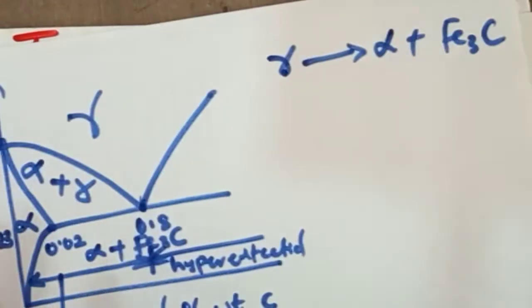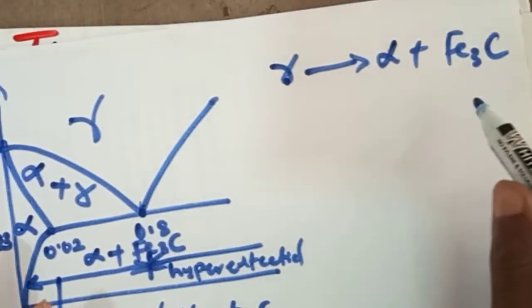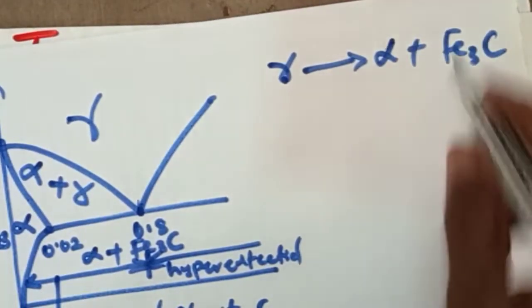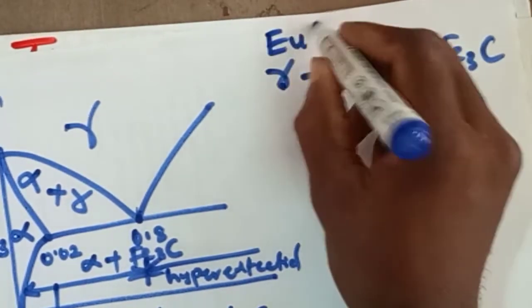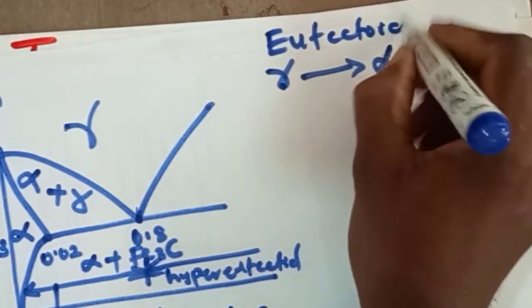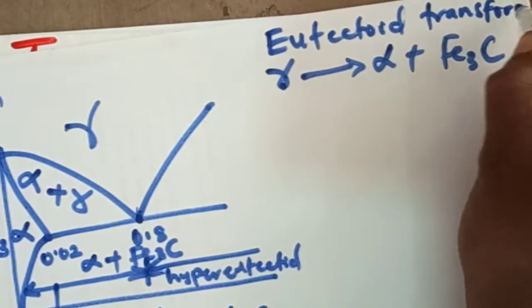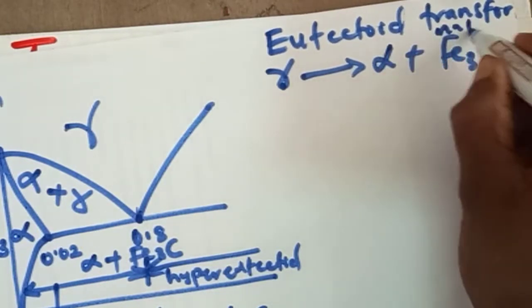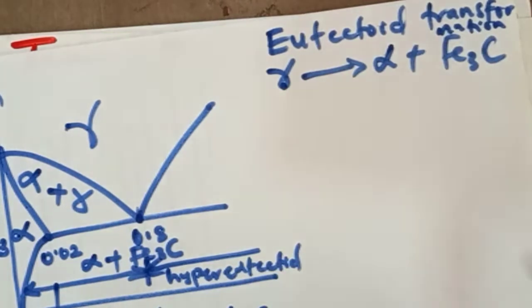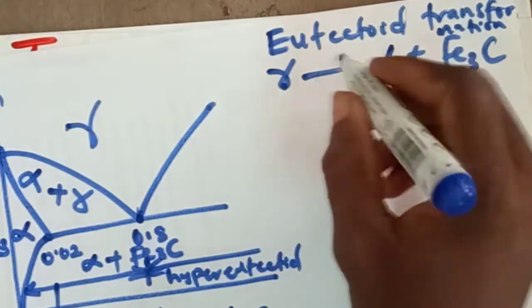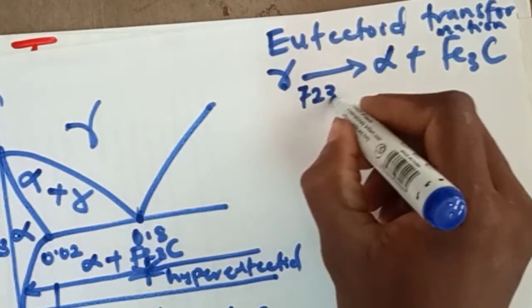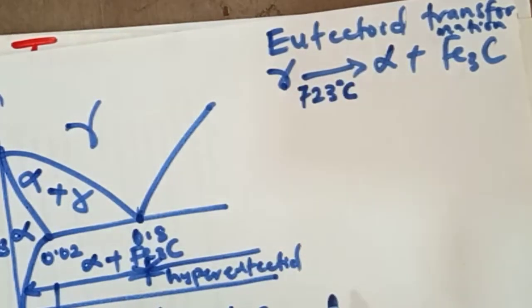You might be asked, what is the name of this transformation? This transformation is called eutectoid transformation. Let me just put it somewhere around here. Eutectoid transformation. And this transformation occurs at 723 degrees Celsius.